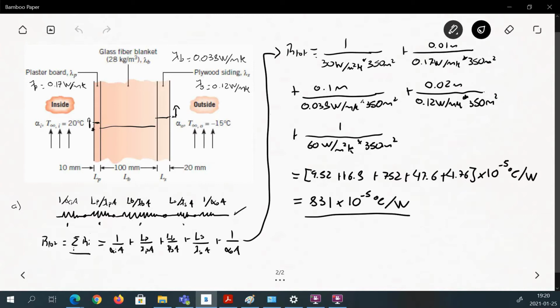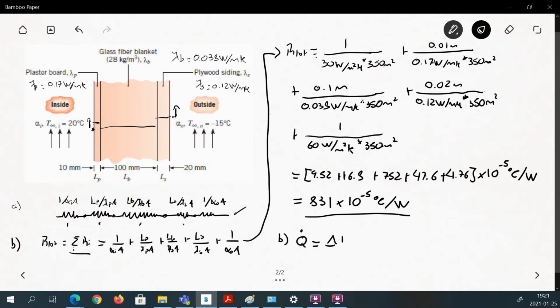With this result, then we just apply our equation to solve the heat transfer over this wall.